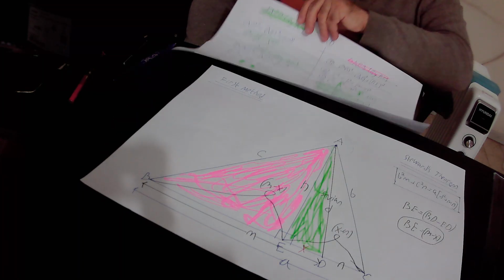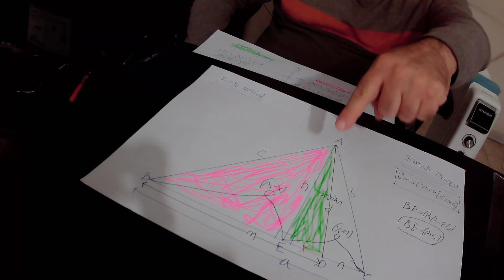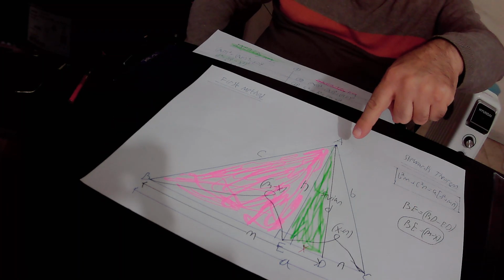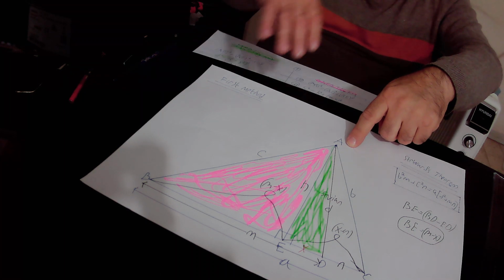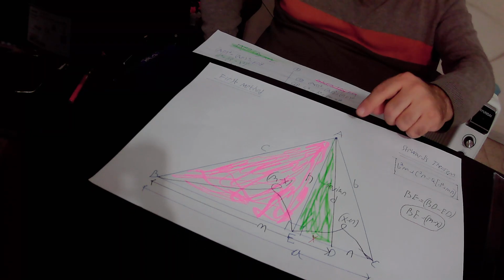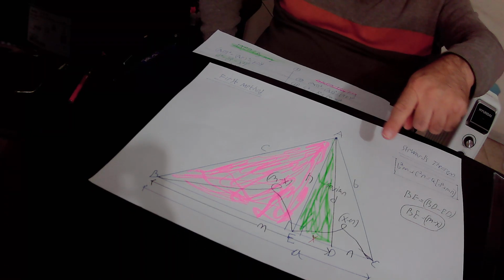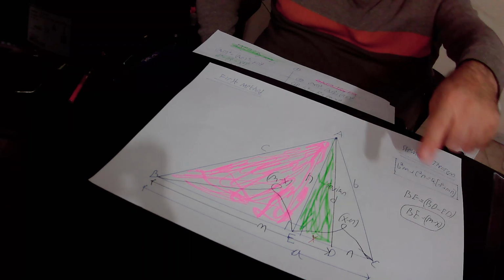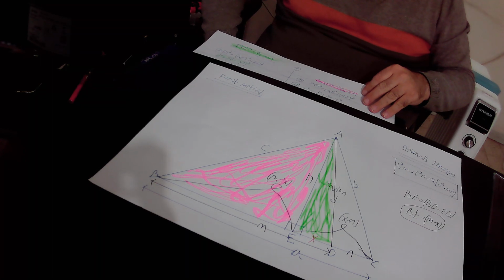Then we implemented the Pythagoras theorem on the right triangle AEC. In the right triangle AEC, according to the Pythagoras theorem, AC square equals AE square plus EC square. Repeat again.